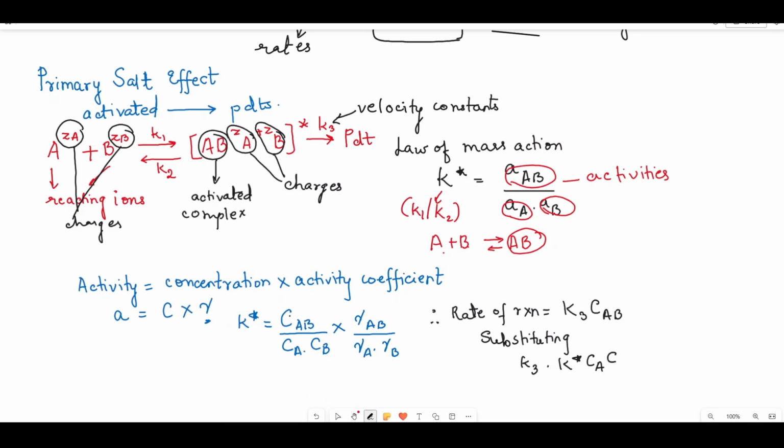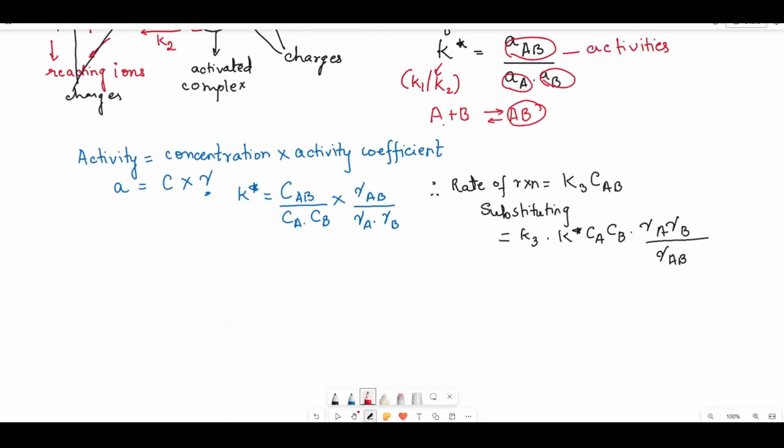So we get the rate as K3 K star into CA, CB, into gamma A, activity coefficient of B, divided by activity coefficient of AB. Now we will represent K3 K star as K0.